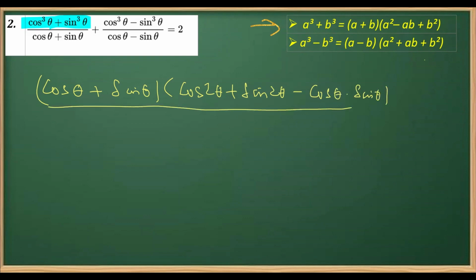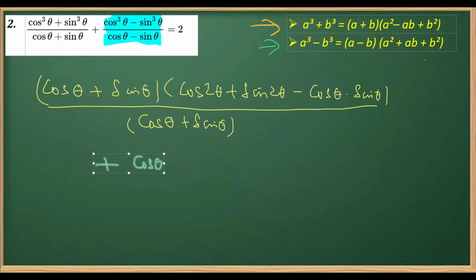And this whole divided by the denominator. Well, denominator is cos theta plus sin theta. And then I'm going to add, and now I'm going to simplify the other part. So this time I'm going to apply the identity of a cube minus b cube, that is cos theta minus sin theta, right?